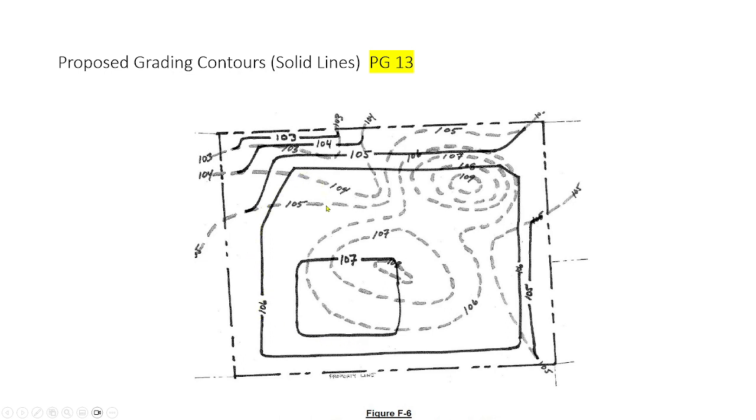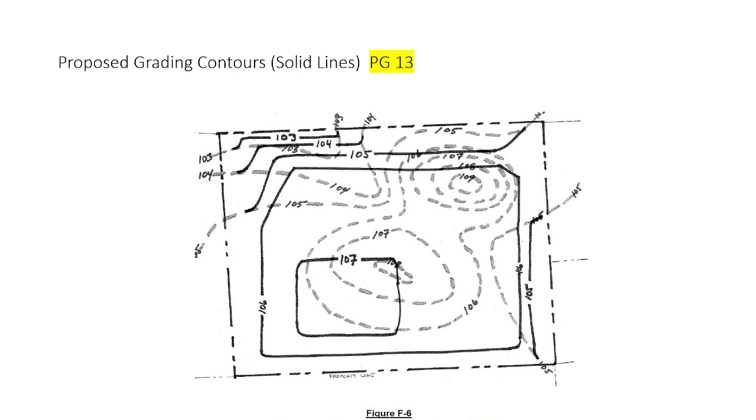Now, probably if you look down here, this 107 is going to be where they will put a building pad, perhaps. This probably is going to be a parking area up in here, but we'll be using all the existing dirt, which we'll get into later on, to fill in the low spots. So we'll try to balance this out with that. And it kind of looks like it might be balanced.